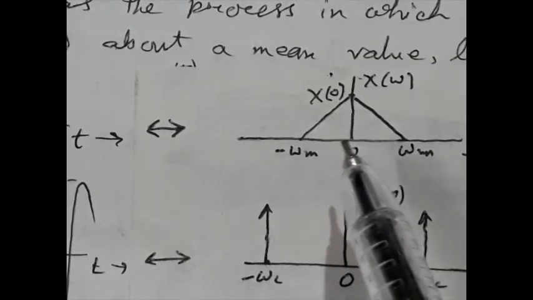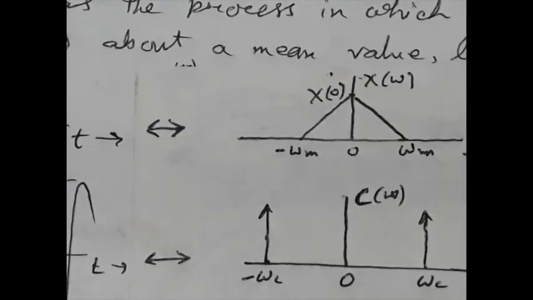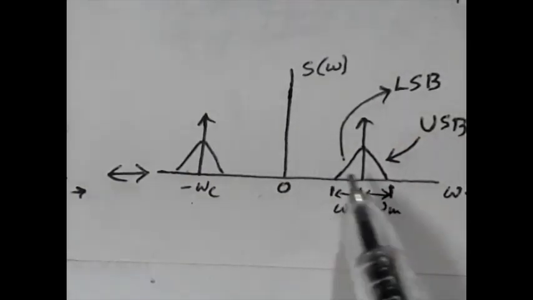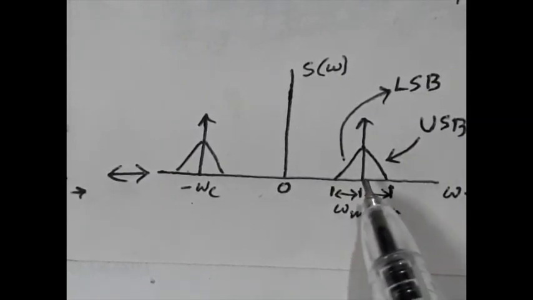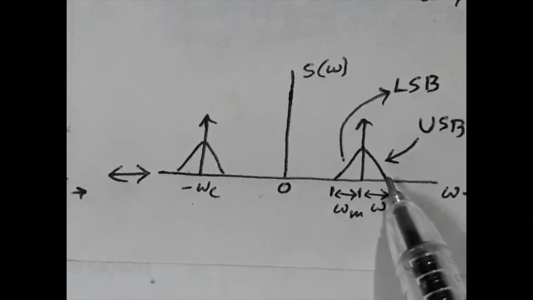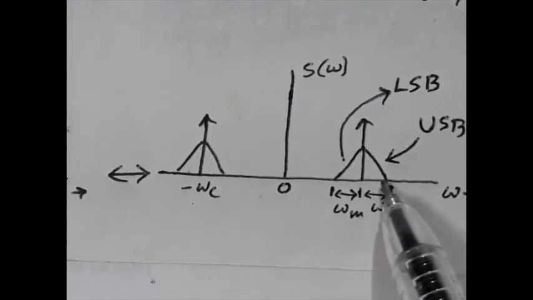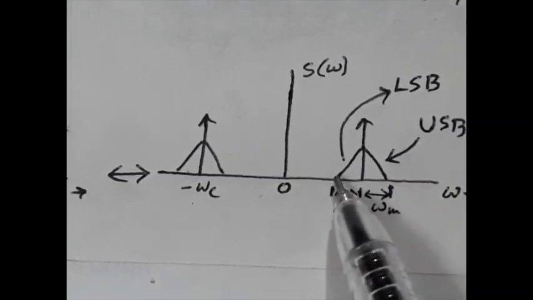So from 0 on the positive side it is ωm, and on the negative side it is minus ωm. And this same spectrum should be present here, so this width is ωm, this width is also ωm. So if this one is ωc, then this point is ωc plus ωm, and at this point it is ωc minus ωm.